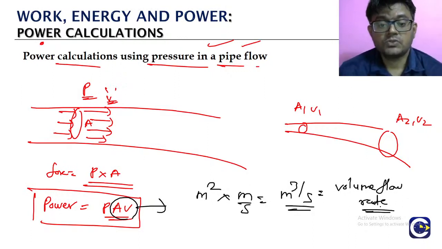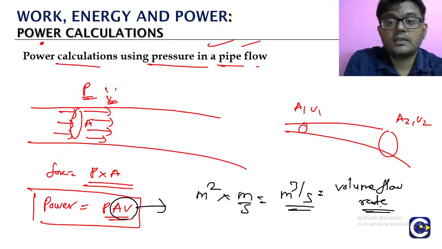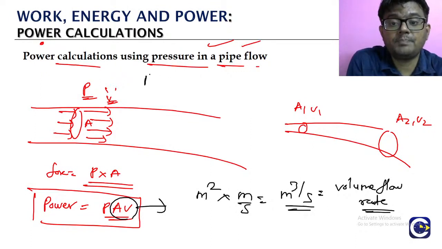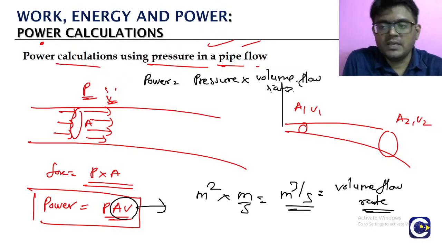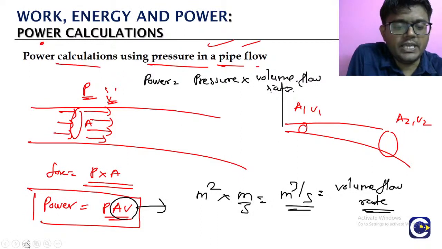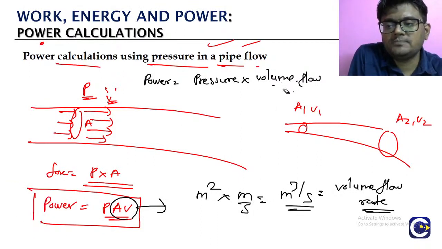Okay, so the power can be also expressed as what in a fluid pipe? Power can be also expressed as what? Pressure at location, pressure into volume flow rate. Okay, what is it? Pressure into volume flow rate. Either we will say pressure into area of cross section into the velocity, or we can express in terms of pressure and the volume flow rate.